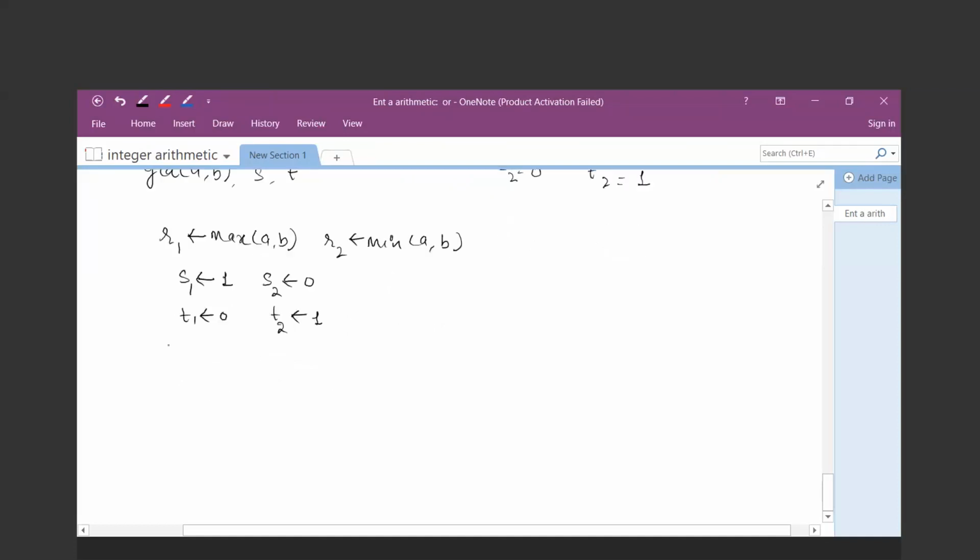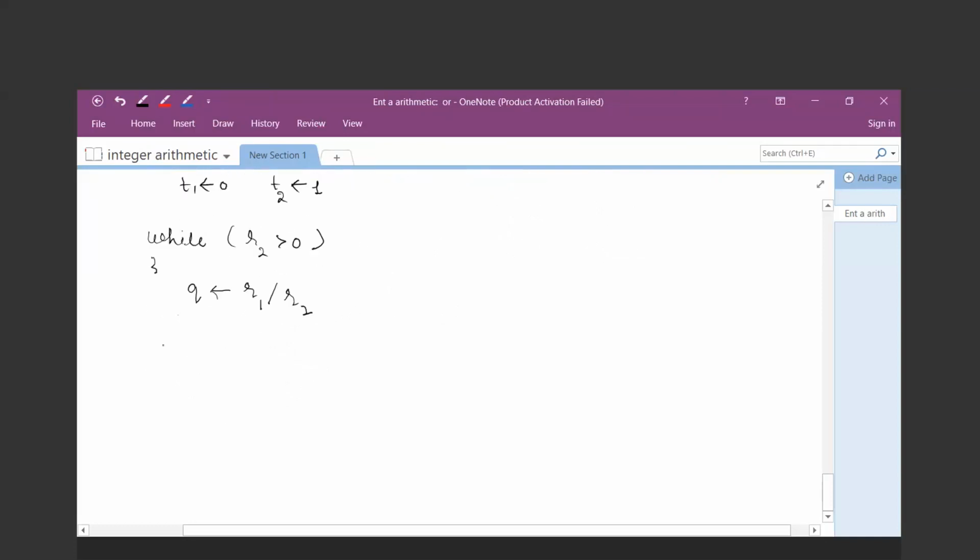Same condition you have to apply in terms of the while loop, that R2 is greater than 0. Now there are mandatory steps. First you have to find the value of Q by using the same formula, R1 divided by R2. And after calculating Q, there are three major steps you have to follow.